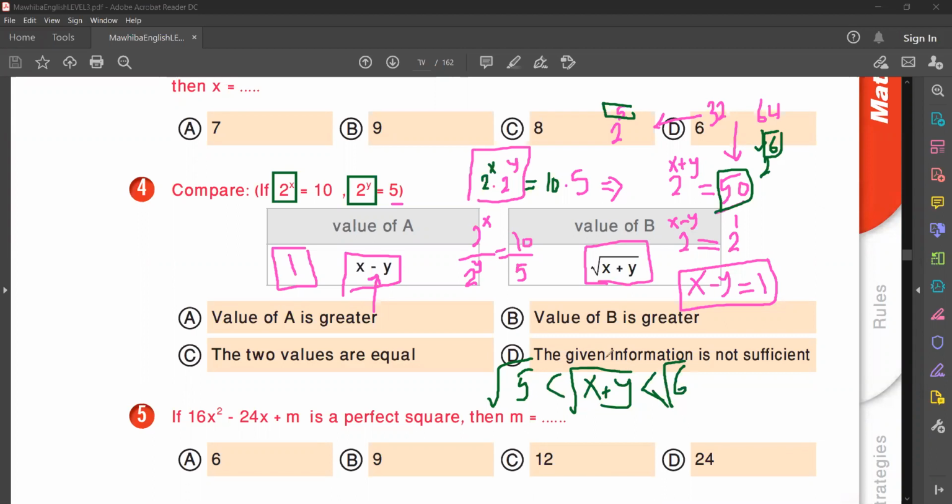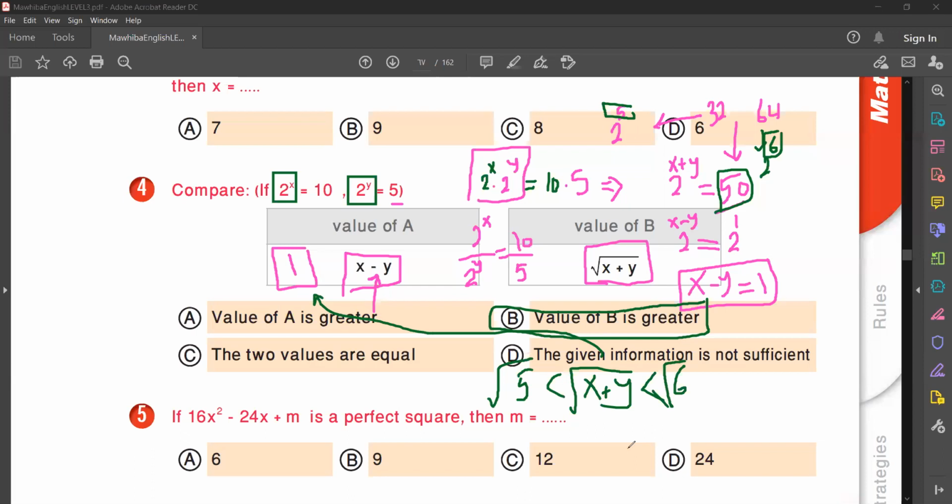So sure, that's greater than 1, right? Because the square root of 5.5 is sure to be greater than 1. So the second answer is the correct answer. So B is greater than A, right? Do you see? You can estimate also.